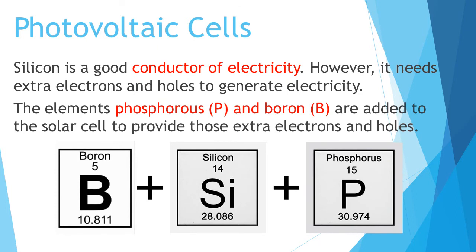That help comes in the form of the elements phosphorus and boron, P and B. And they are added to the solar cell to provide those extra electrons and holes. Without phosphorus and boron, silicon couldn't generate electricity, right? So our PV cells are made up of silicon, phosphorus, and boron.